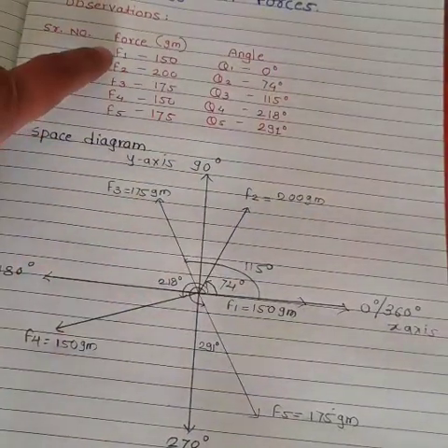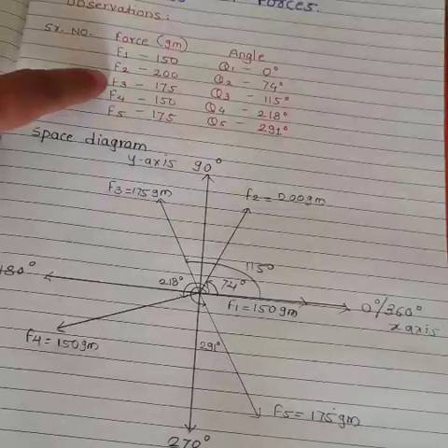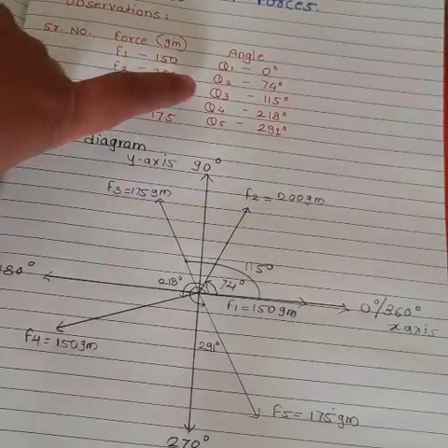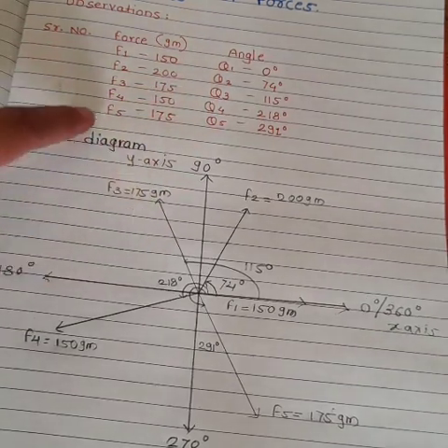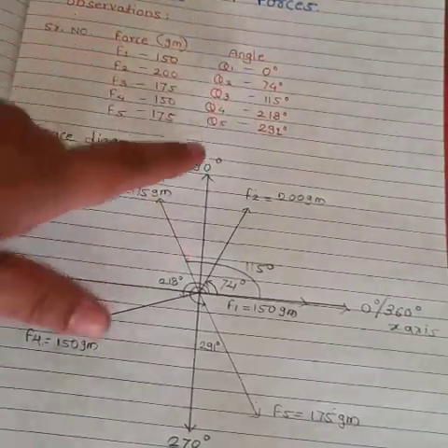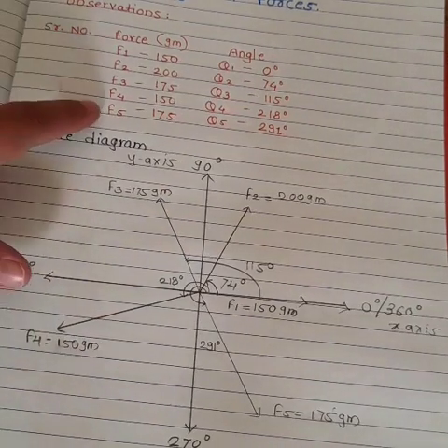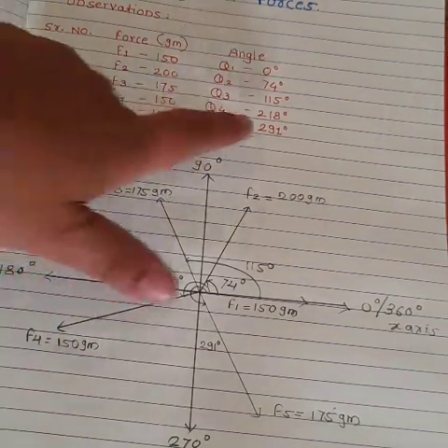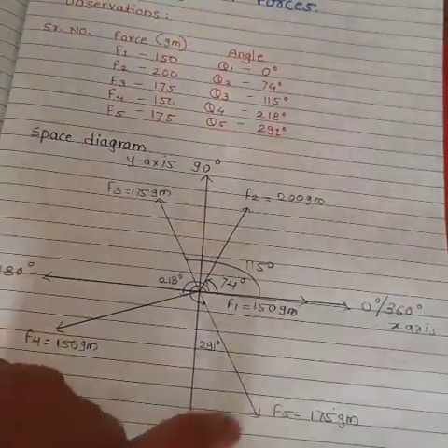So first, the F1 force lies on the x axis. F2 force, which is 200 gram, has an angle theta 2 of 74 degree, which lies in the first quadrant. F3, which is 175 gram, theta 3 is 115 degree, which lies in the second quadrant. F4 is 150 gram, theta 4 is 218 degree, so F4 lies in the third quadrant, and F5 is 175 gram having an angle of 291 degree, which lies in the fourth quadrant.